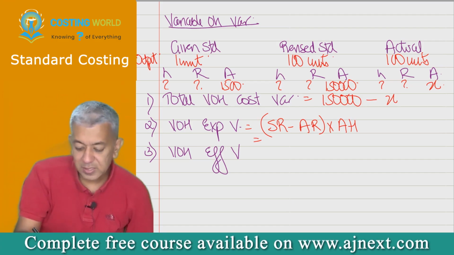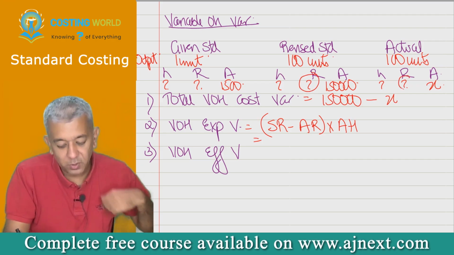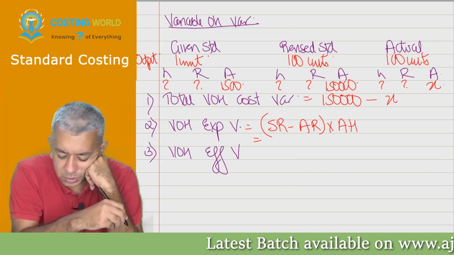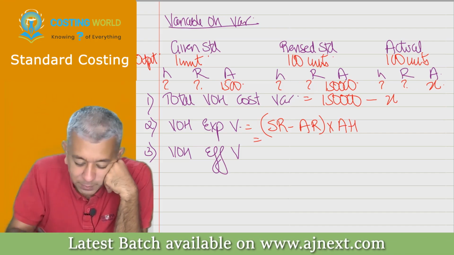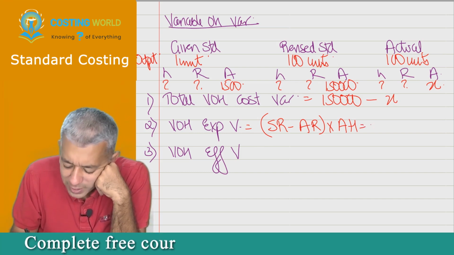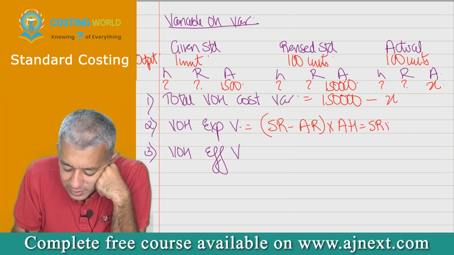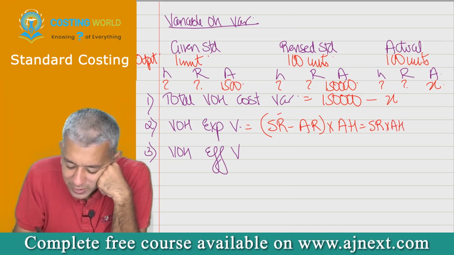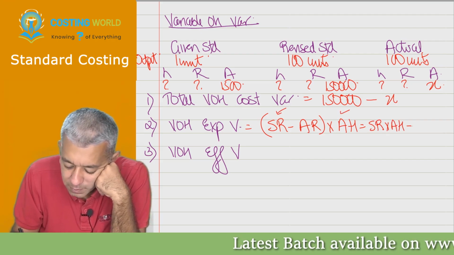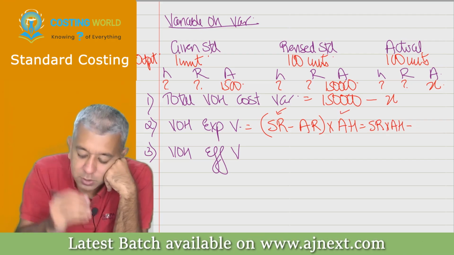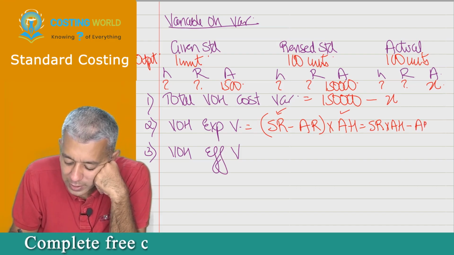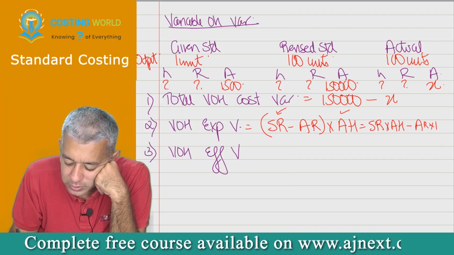Now, you all will understand, I don't have this, I don't have this, I don't have this. So then what you will do, write down all question marks. No, I'll open the bracket and I'll try to do time pass. Okay, so do one thing. On the same line only, if you all can, write down standard rate into actual hours, I'm just opening the bracket, this into this, this into this, minus actual rate into actual hours.